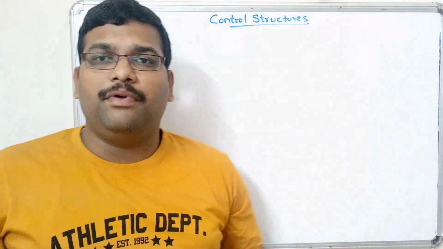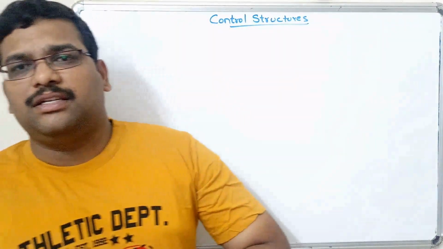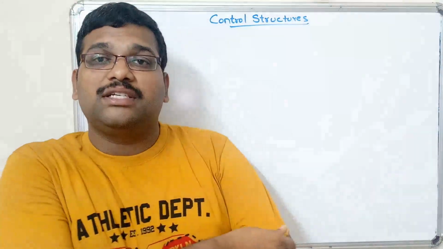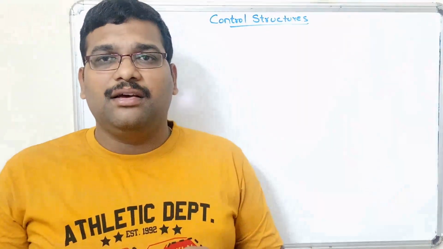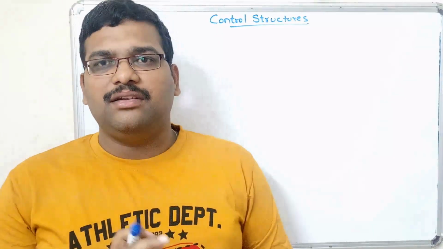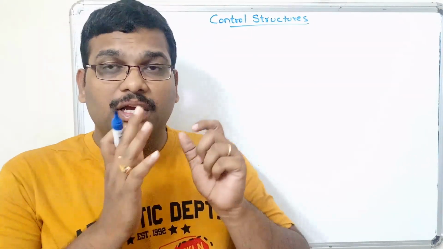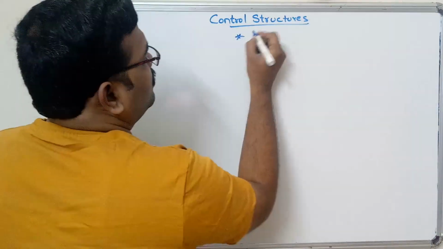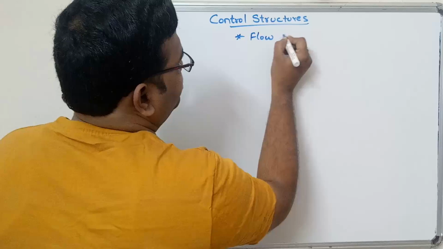First of all, what is meant by control structures? As the name itself indicates, control structures show the control flow of the statements in the programming language. So it will show the flow control.